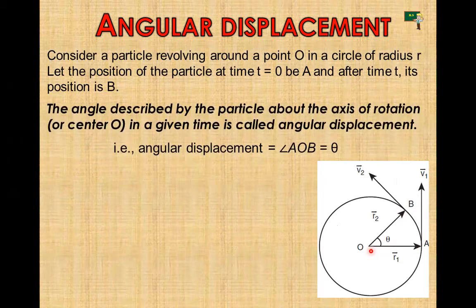Let the position of the particle at time t equal to 0 be A, and after time t its position is at B. The angle described by the particle about the axis of rotation or the center O in a given time is called angular displacement.